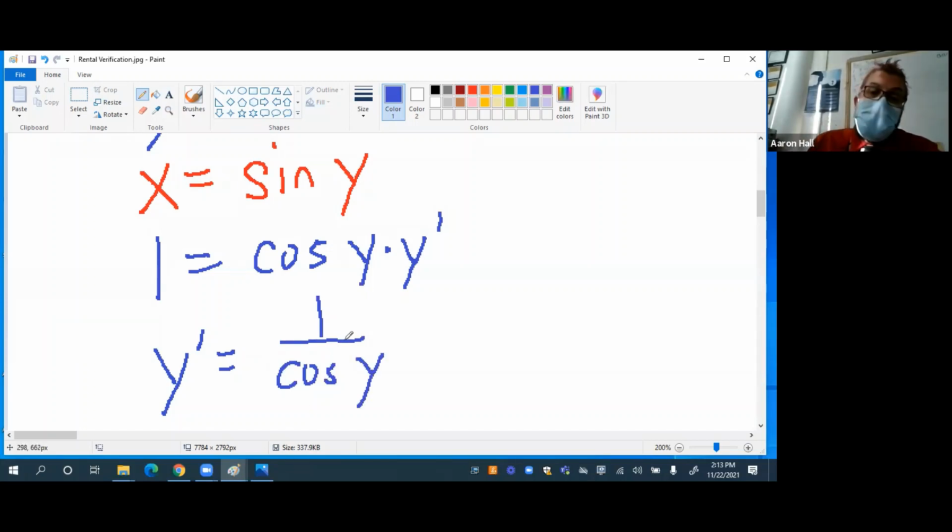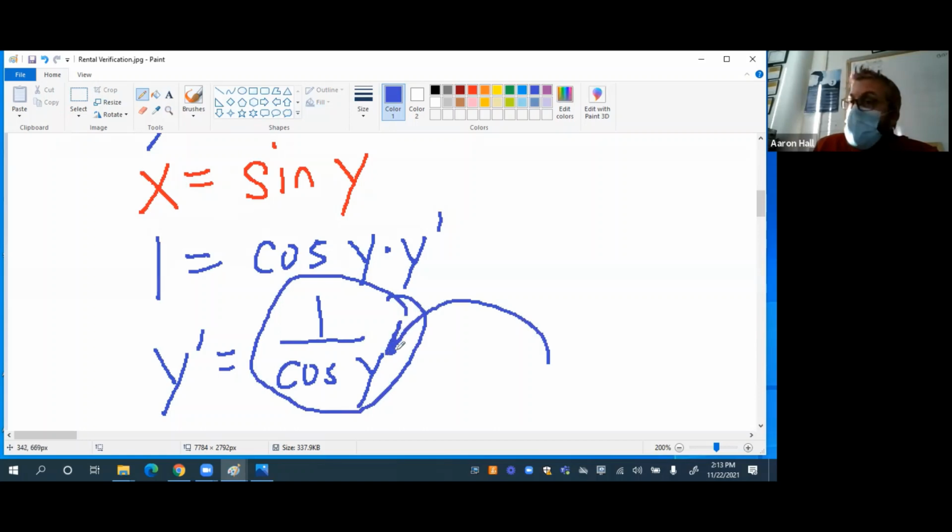I could stop there, but I want to solve in terms of x. So I take my x value, just like all of our other functions, plug it into here, and it'll tell me what my slope is for that x value on my graph.